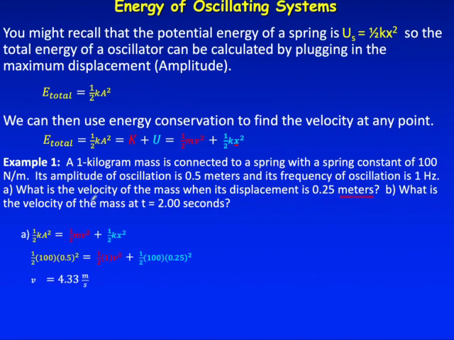So to solve A, using this new idea here, we know the total energy is 1/2 k A squared, amplitude was 0.5, equals 1/2, that's mass is 1, plus 1/2 the spring constant, and I want to know its velocity when its displacement is this. If you solve this, and if I solved it correctly, you should end up with that velocity. Now, part B, what's the velocity at this time?